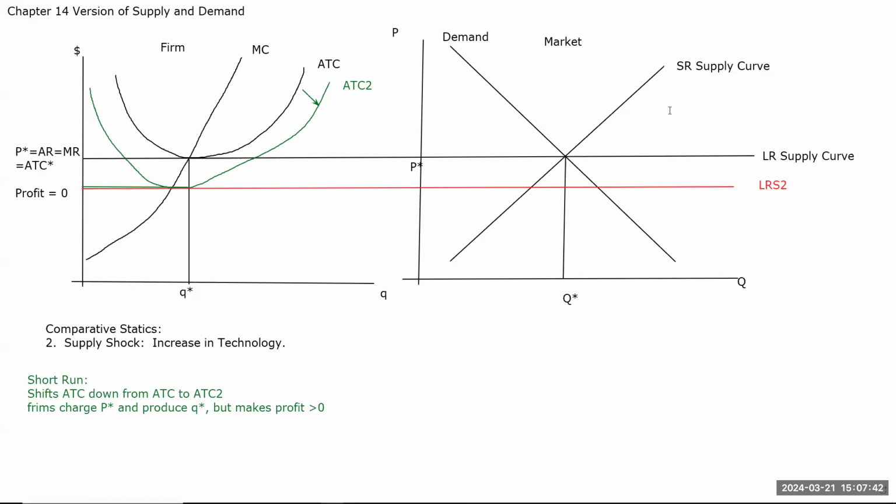The firms produce, in this case, less, to q double star.